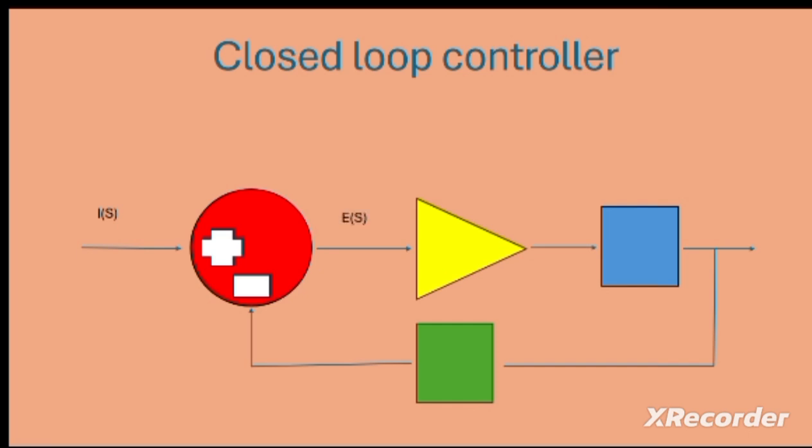Secondly, we will calculate the error, that is E of S. Whatever signal comes in at our inverting input, we will subtract that signal from I of S, so that will be considered our E of S.